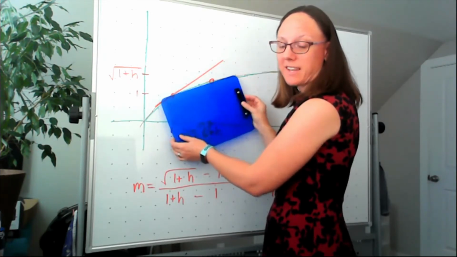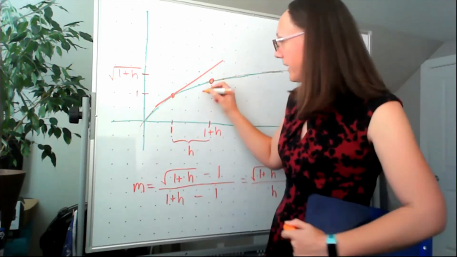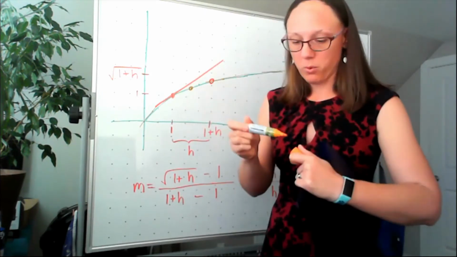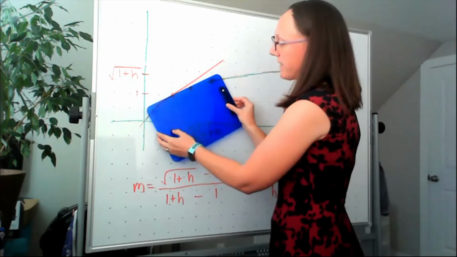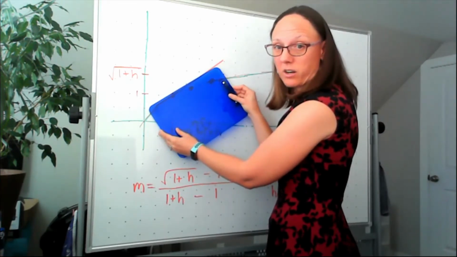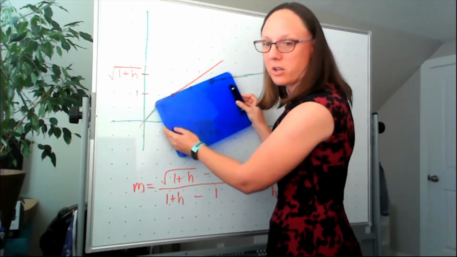So the calculus idea that we're going to use is I'm going to take this point and scoot it a little bit closer to the point where we care about the tangent line slope. Now, if I take the slope between those two new points, it's a little bit closer to the tangent line slope we're looking for. It's not quite right, but it's closer.